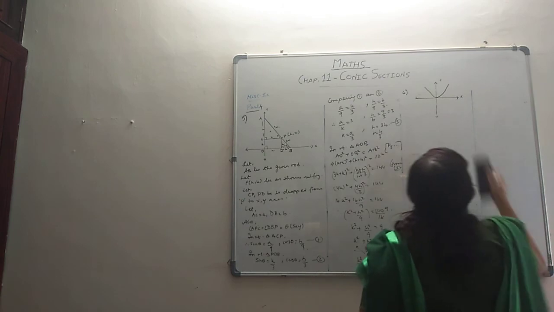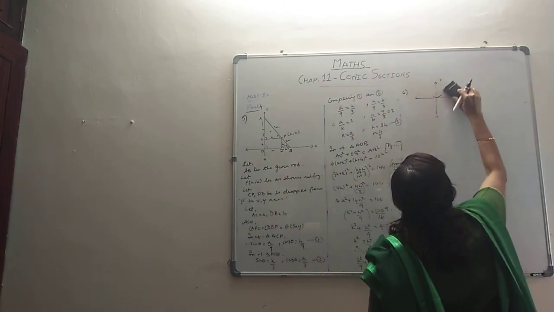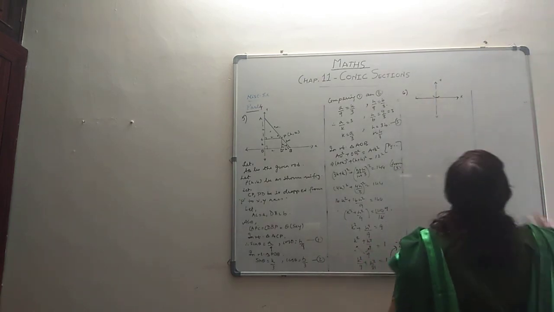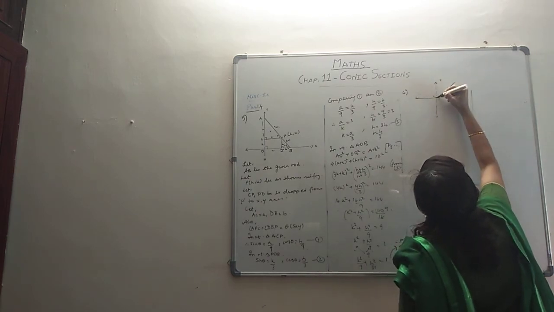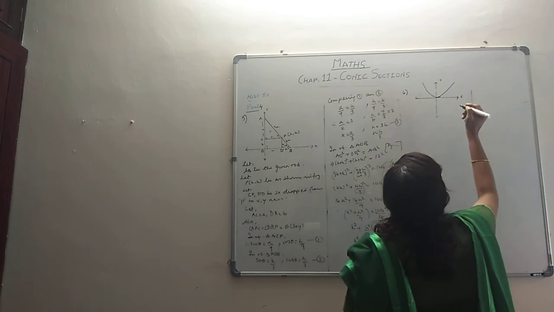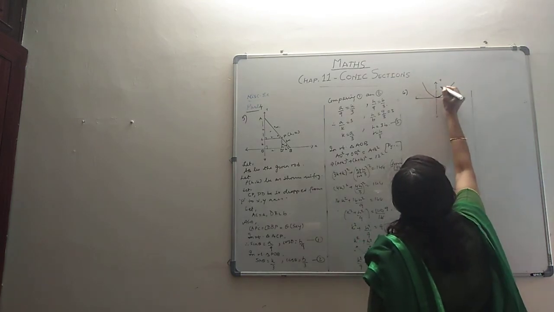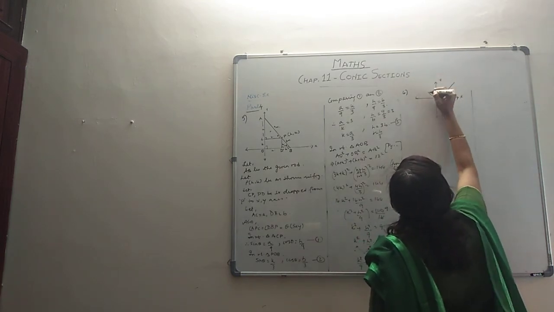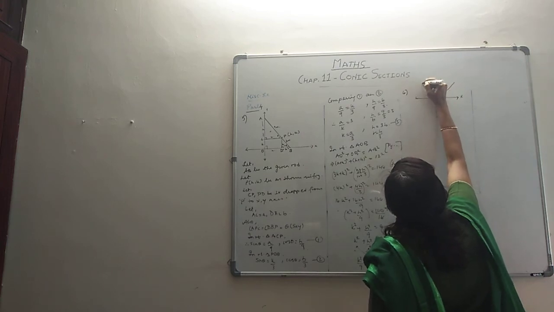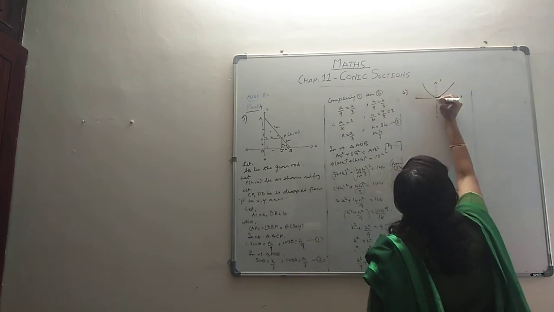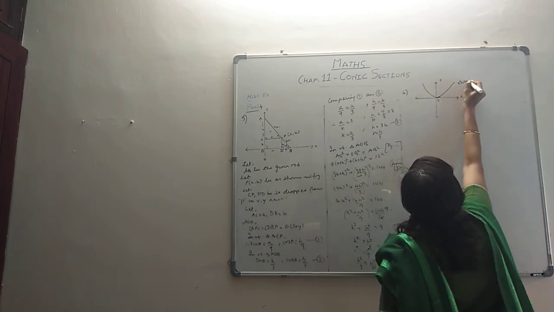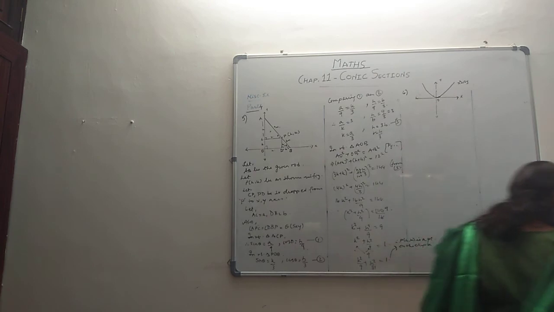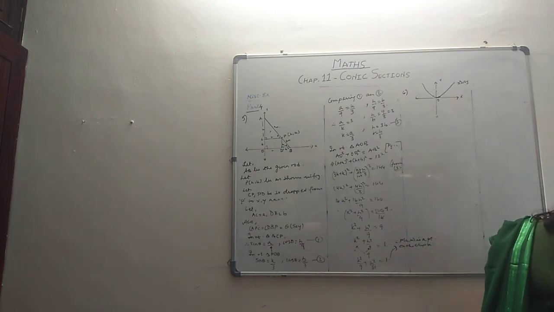Okay, so this is the vertex, then this is the parabola x squared equal to 12y. There is a triangle which is formed.